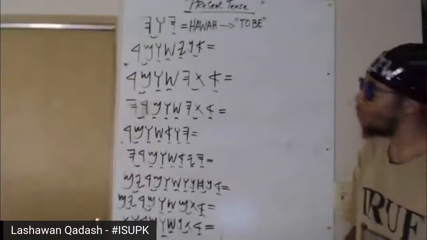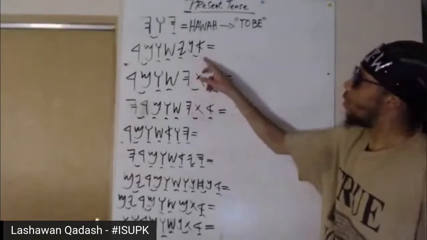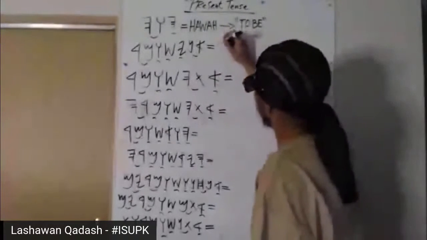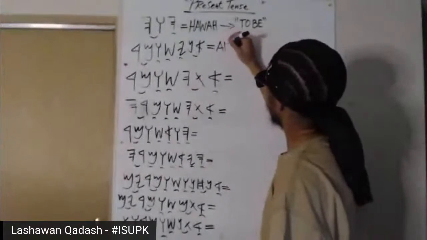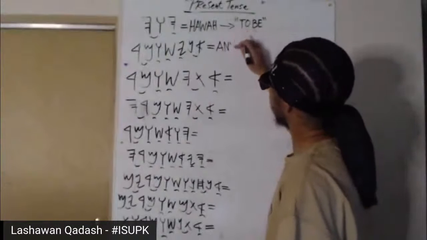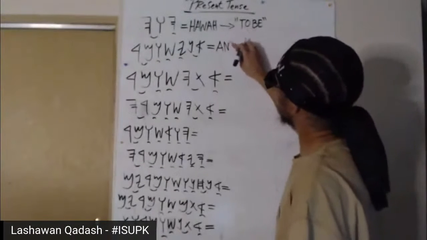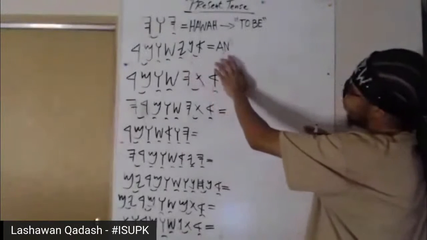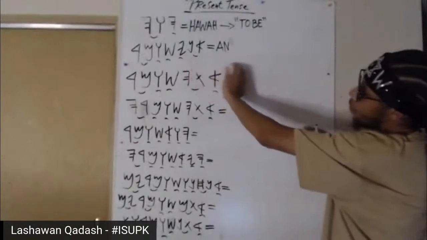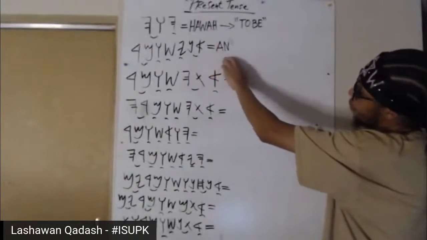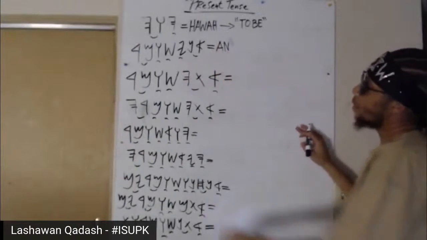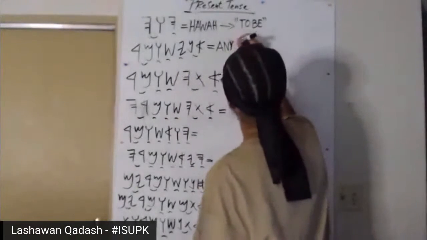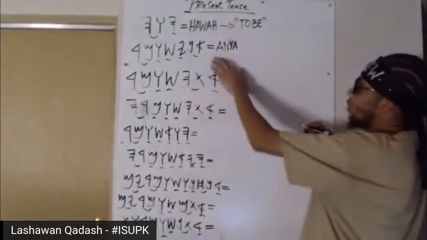All right, so we have the and the na connected together, which is going to be A-N, but something cancels out for both: the H for the and the A for the na. You have the ya, which is Y-A by itself. So anya.